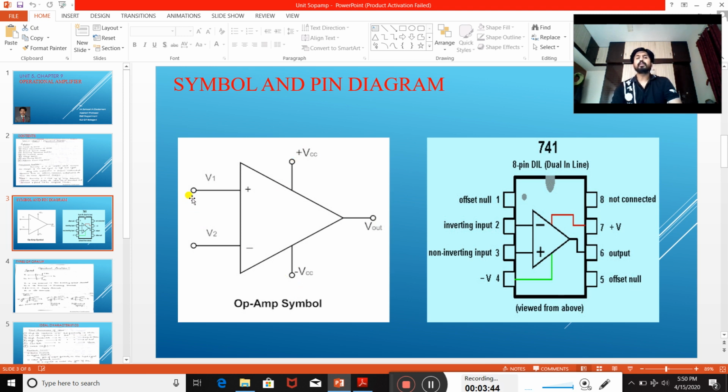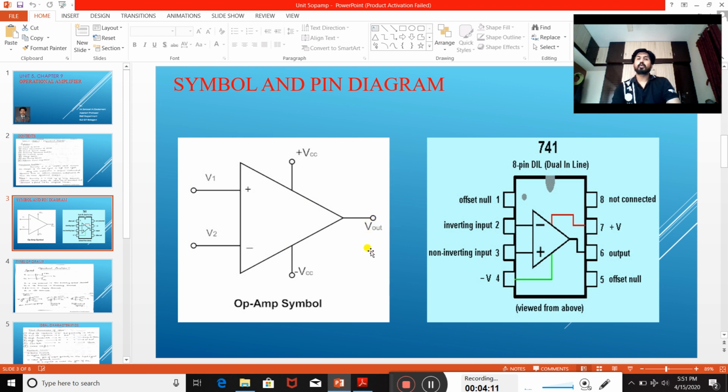The terminal connected to the positive end is called the non-inverting terminal and is denoted with V1, and the negative terminal is called the inverting terminal and is denoted with V2. The positive VCC and negative VCC are the supply for this operational amplifier.